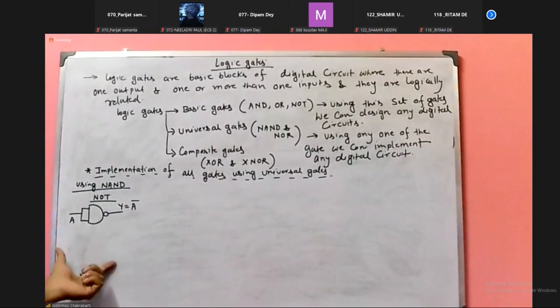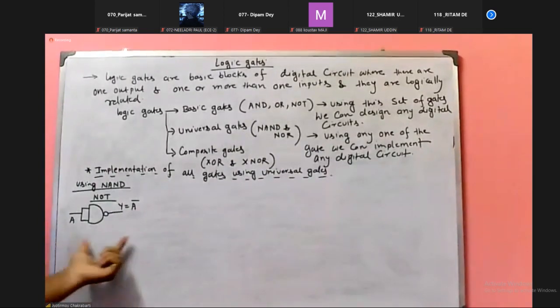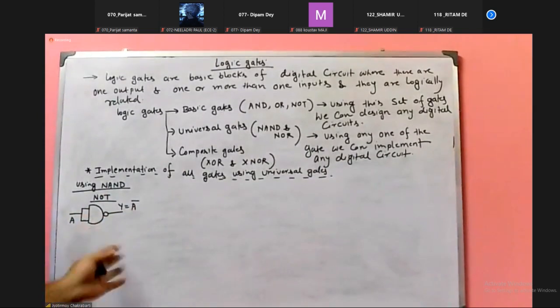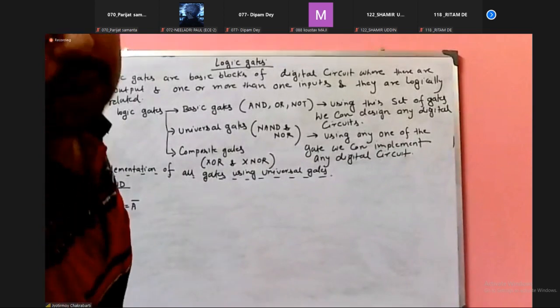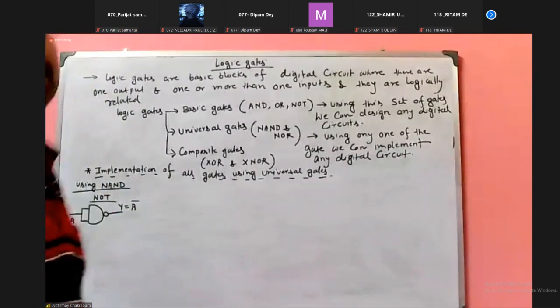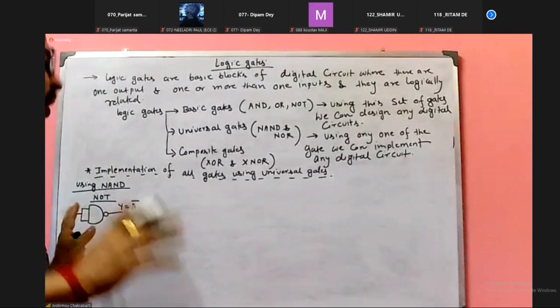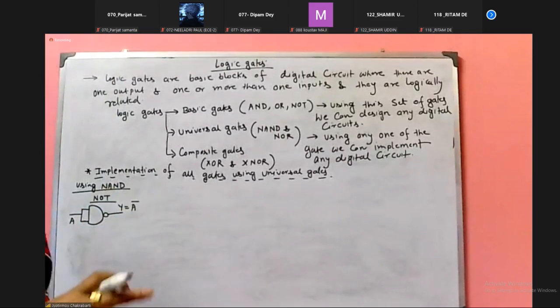You give the input to its shorted inputs. Whenever you feel any doubt, you can ask. So this is the NOT gate or inverter.